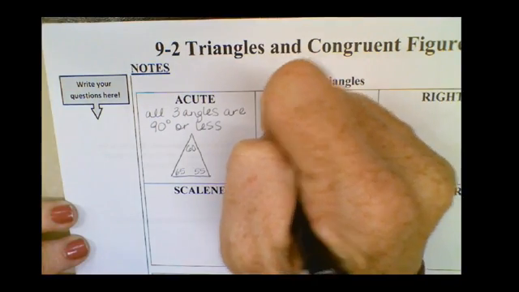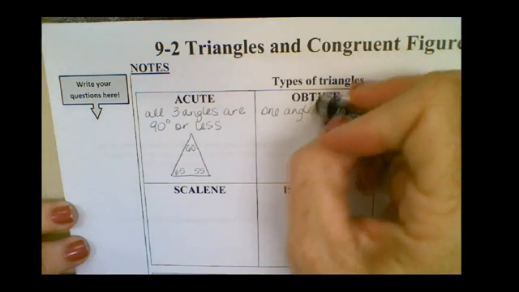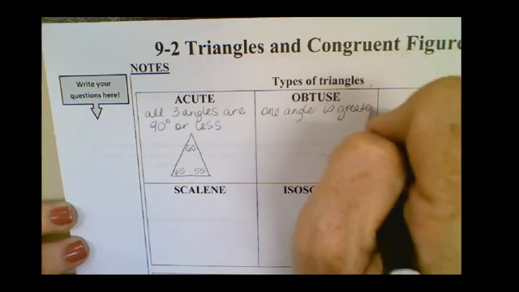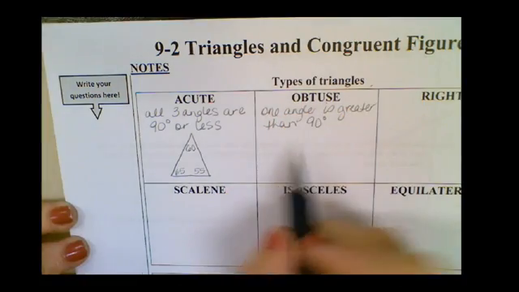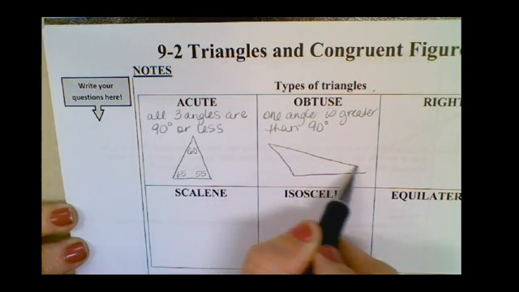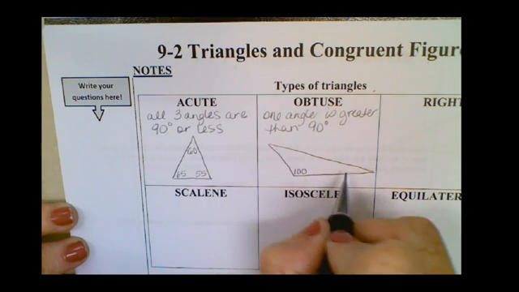Obtuse happens when one angle is greater than 90 degrees. Okay, so that's going to be one of these kind of spread out triangles like that. And let's say this is 100 degrees.